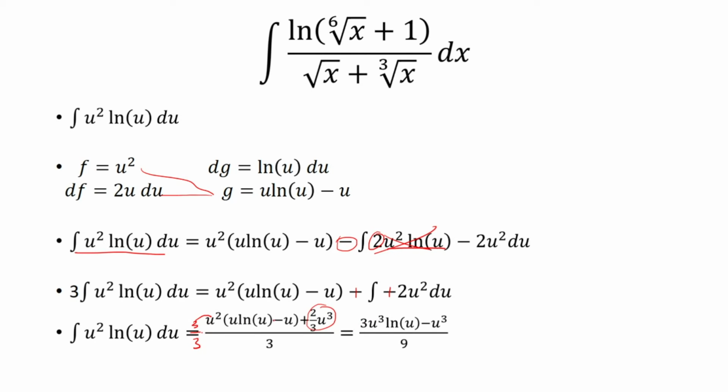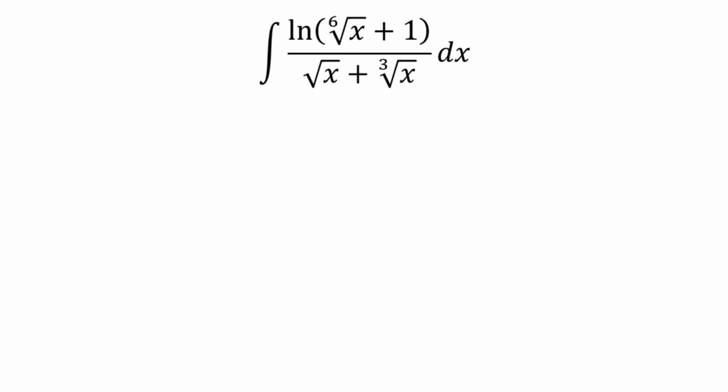That was 3u cubed, because u squared times u is u cubed, and then 3 times 2/3 u cubed, with some cancellation. There were a couple steps skipped over here, but this is our final answer for this integral, and we're going to use that later for the solution.